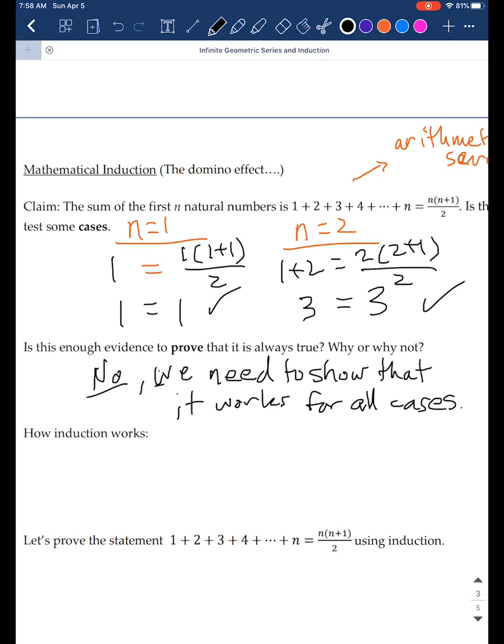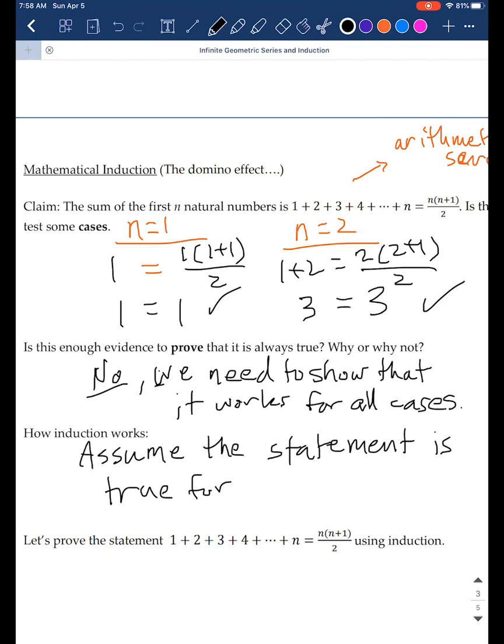So here is how induction is going to work. We're going to assume that the mathematical statement is true for n less than or equal to some number.